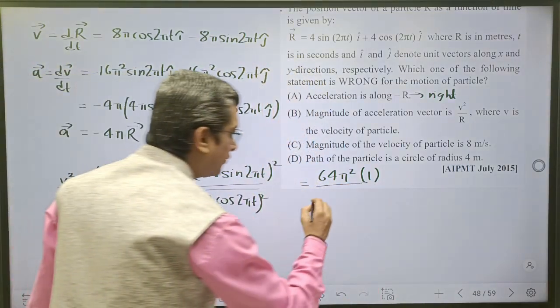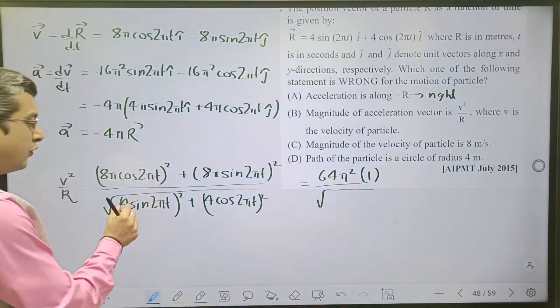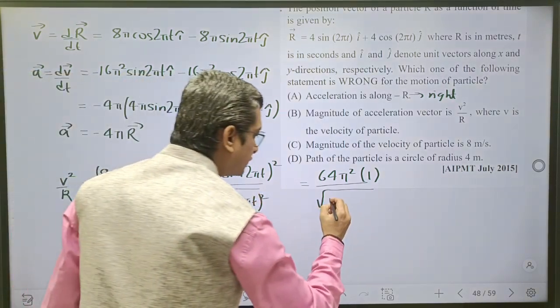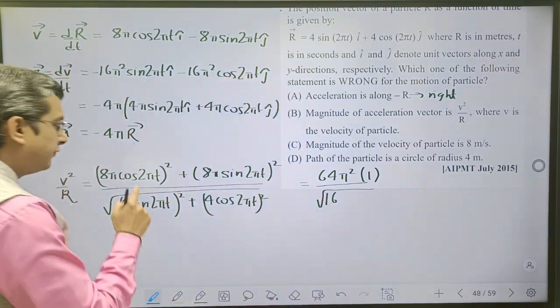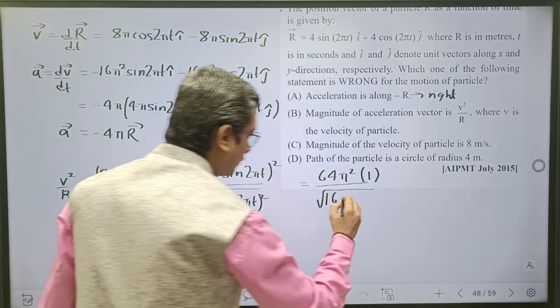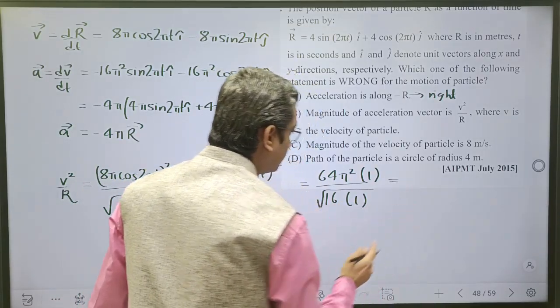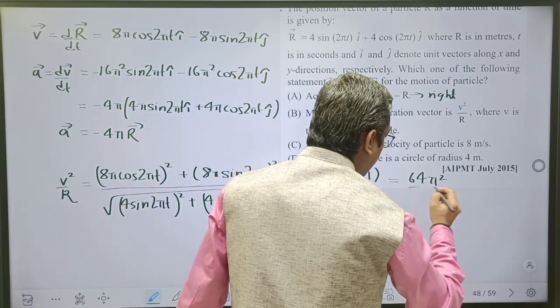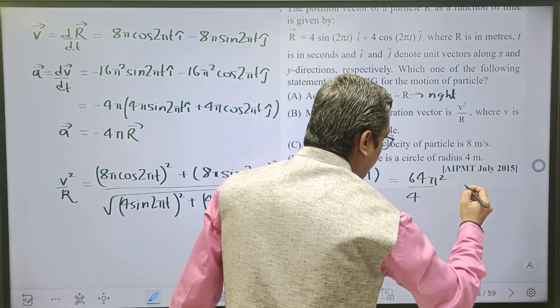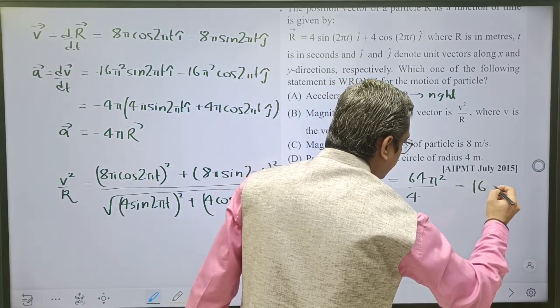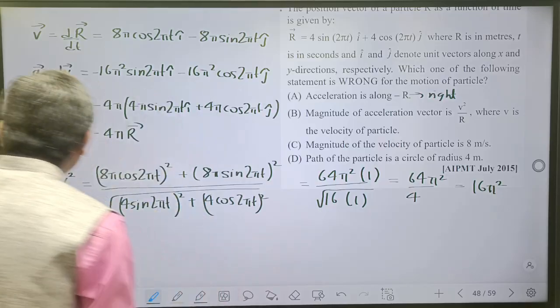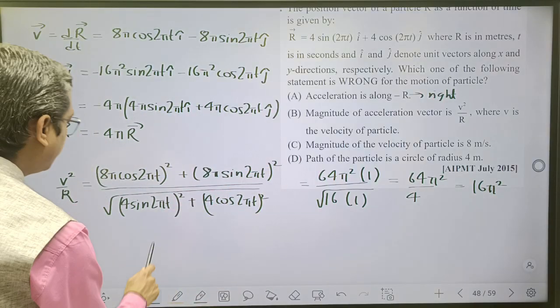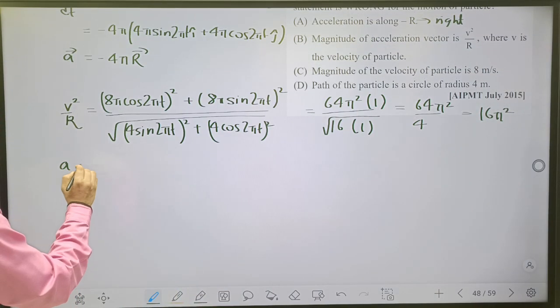Similarly, under the root you have 4 square common, so this will be 16, and within the bracket sin square 2 pi t plus cos square 2 pi t is again equal to 1. So this will be 64 pi square divided by root 16, which is 4. Ultimately, this will be equal to 16 pi square. So the value of v square by r is 16 pi square. Now let us check the acceleration.